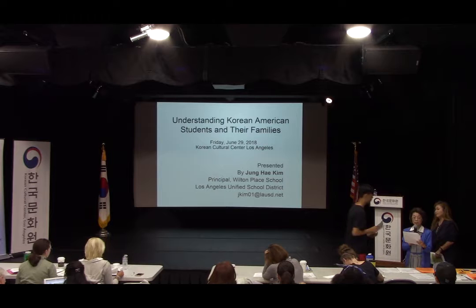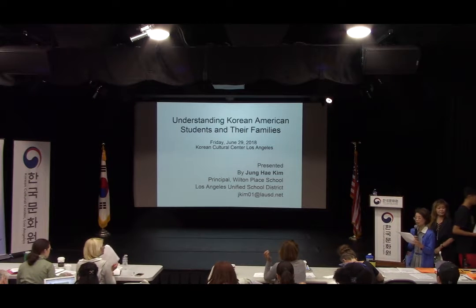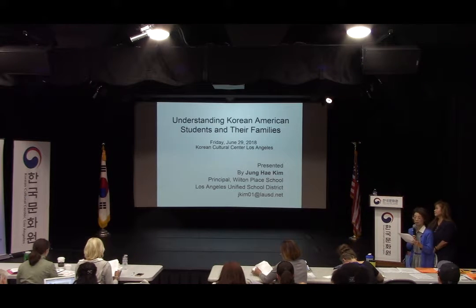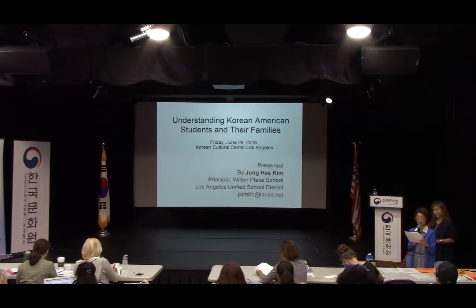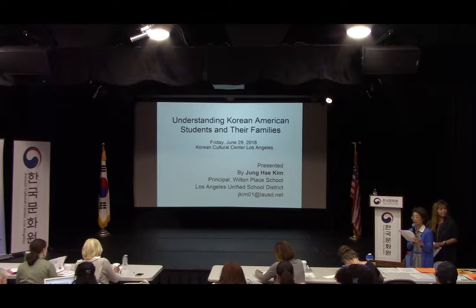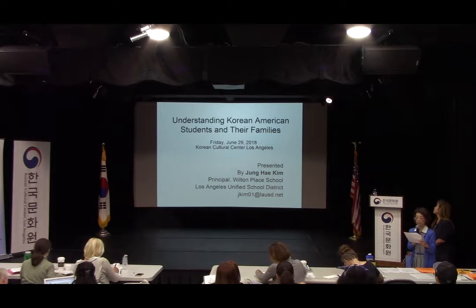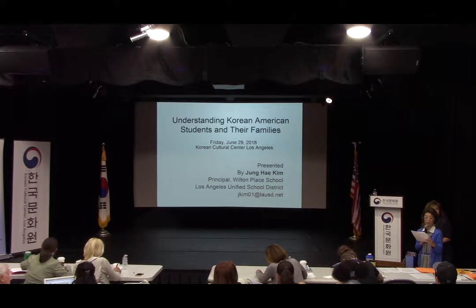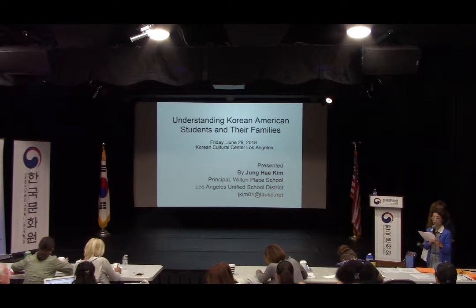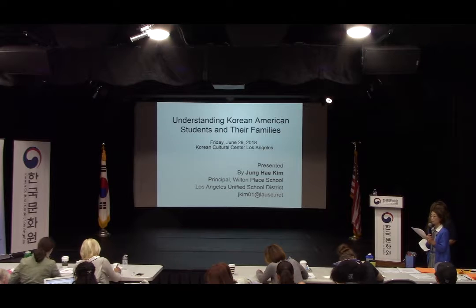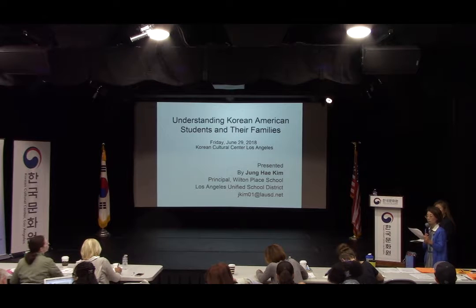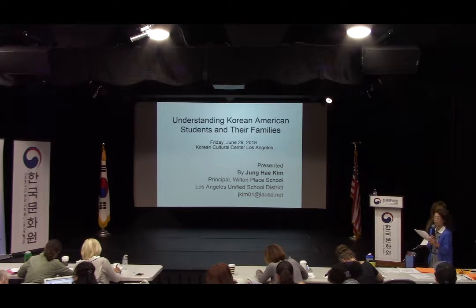Ms. Jung-Hae Kim received her BA in Asian American Studies from the University of Washington, a master's degree in educational administration from California State, LA, and attended graduate school at UCLA for her education administrative credentials.